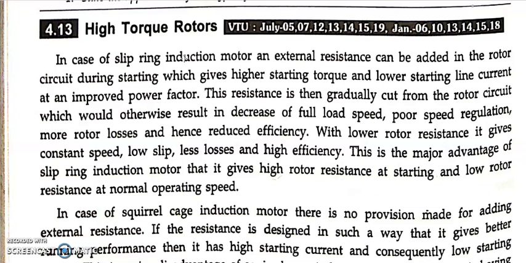So it gives you high starting torque. That option of adding resistance is only true for the slip ring induction motor. We can't do that for the squirrel cage induction motor, as the rotor windings are short circuited with the end rings. But in the slip ring induction motor, what happens?